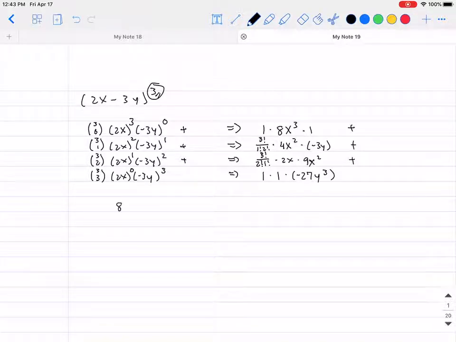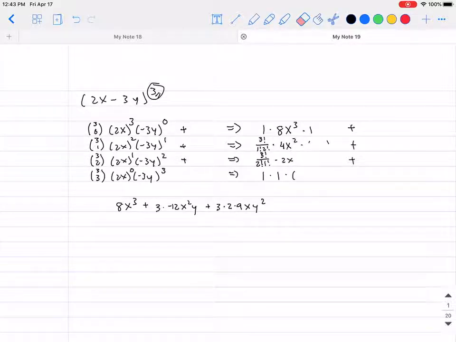So finally put it all together. Let's see. So the first term is 8x cubed and then plus 3 multiplied by negative 12x squared y, and then after that is going to be plus 3 times 2 times 9 times x times y squared. And I noticed there's a small mistake, so I'll go ahead and change that a little bit.